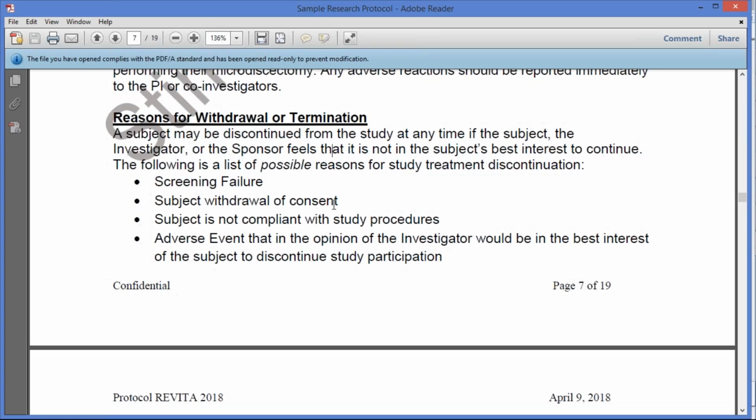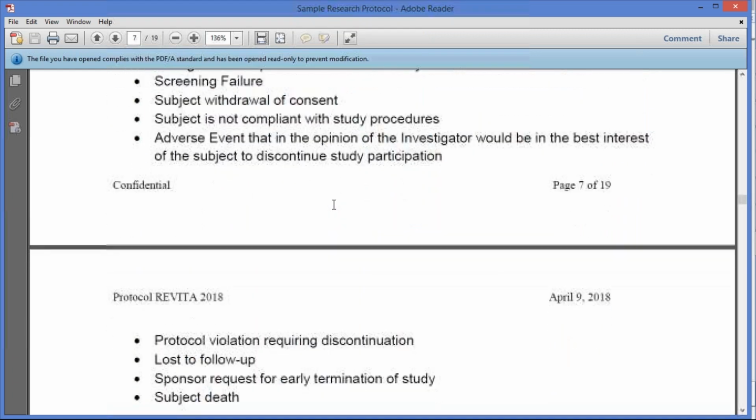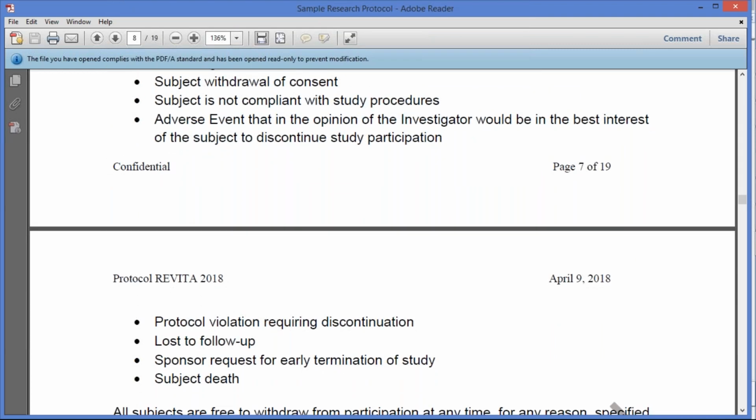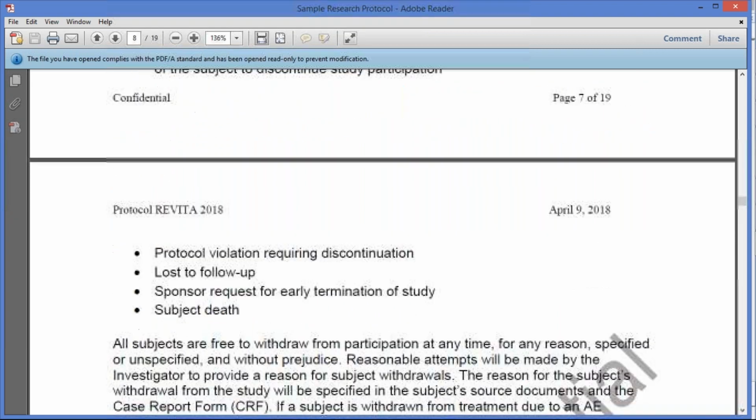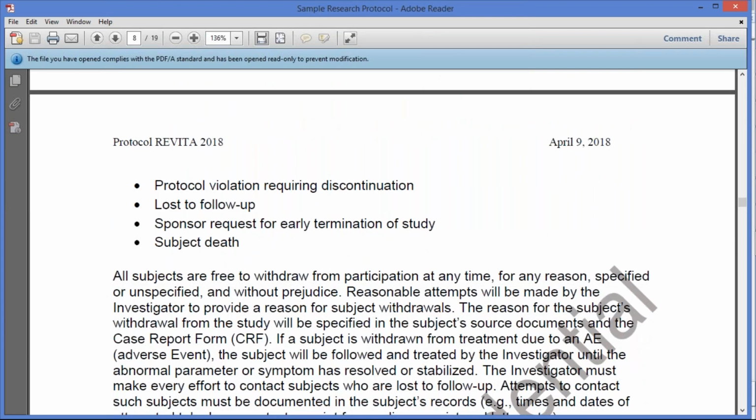The subject can withdraw or may be discontinued from any time point, in case the investigator or sponsor feels that it is not in the subject's best interest to continue. You can see the possible reasons for the discontinuation: screen failure, withdrawal of consent, not compliant with the procedure, adverse events, protocol violations, loss to follow-up, sponsor request for early termination, death.